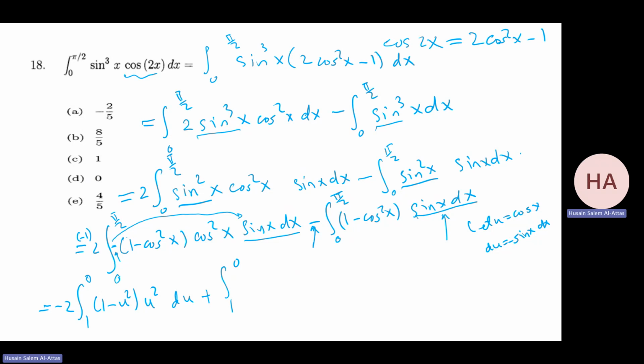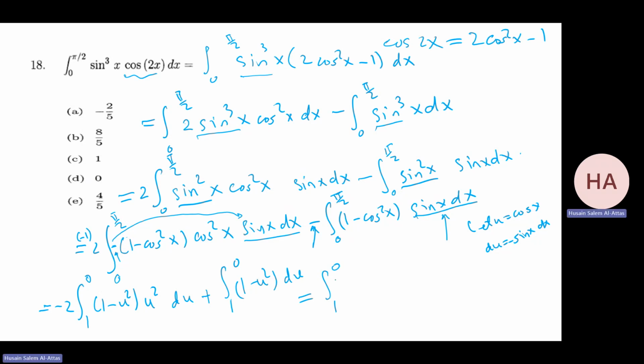And they have what? 1 minus u square du. You can combine them in one expression. Yeah. By the way, the 2 is only with the first one. So that's okay. So I can combine it in one integral, 1 to 0.